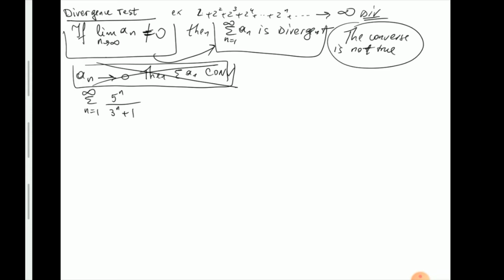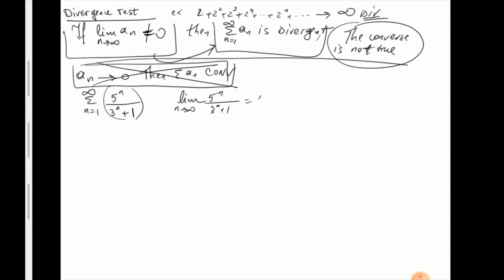It's a very quick test. For the infinite sum to exist, we will need this term inside the series to converge to 0. Does it or does it not? Because if it doesn't go to 0, the divergence test tells me that the series is divergent. So the first thing to do is to take separately the sequence that forms the series.